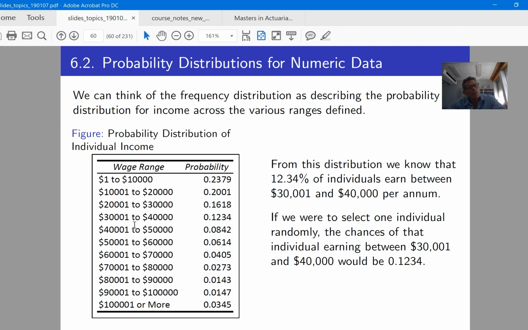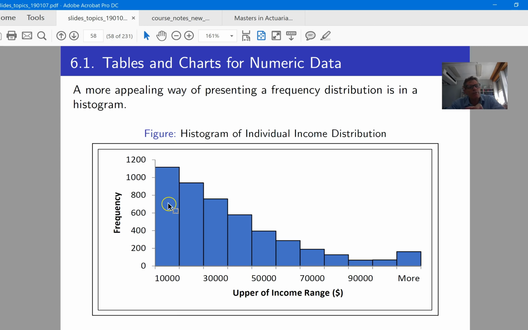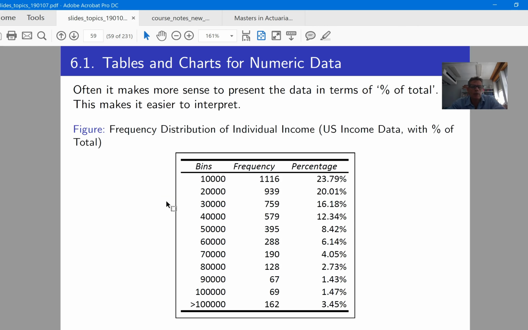With numerical data, a natural foundational statistical idea is the idea of a probability distribution, and that's how we think about it in its core form. When we do a percentage table like this or a histogram, we're effectively capturing a probability distribution in visual form.